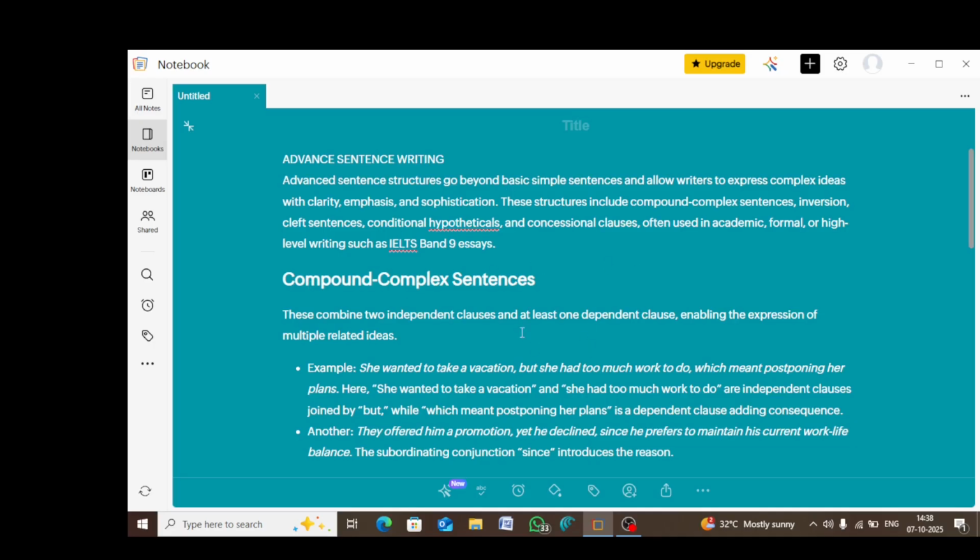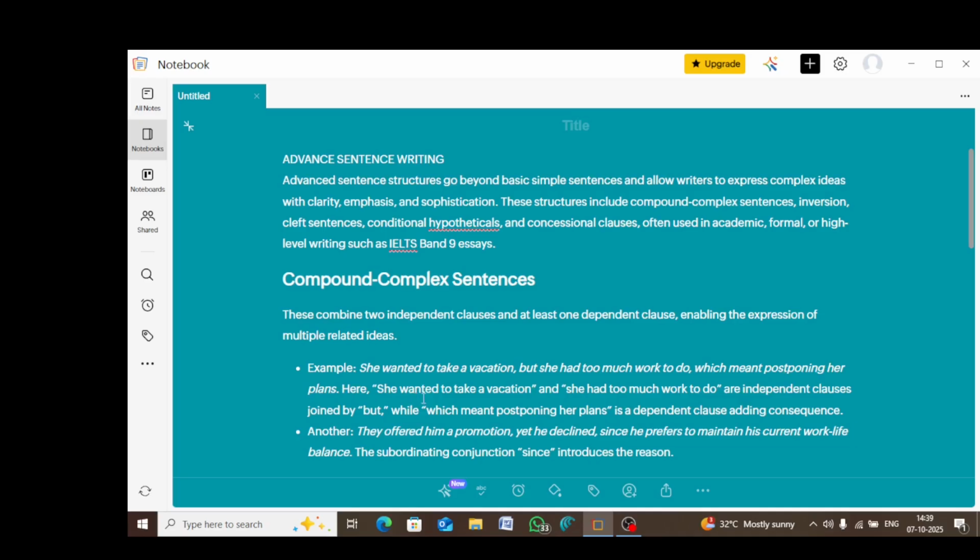Now the first one, compound-complex sentences. These combine two independent clauses and at least one dependent clause, enabling the expression of multiple related ideas. Example 1. She wanted to take a vacation, but she had too much work to do, which meant postponing her plans.